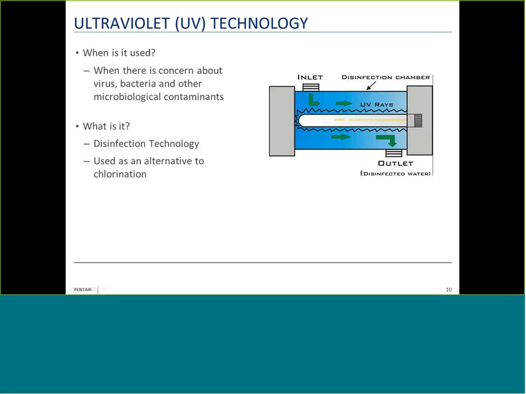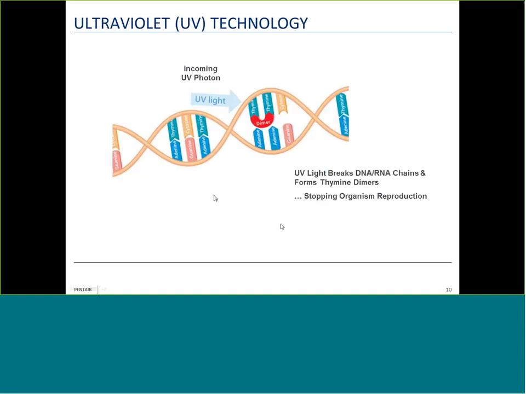So we want to use this technology post-filtration so that it maximizes its effect killing bacteria, viruses, and other microbiological contaminants. And how it works is light travels in two ways, as a wavelength and as a photon. The wavelength has energy associated with it, but the photon has sort of a mass, so it has the ability to impact things.